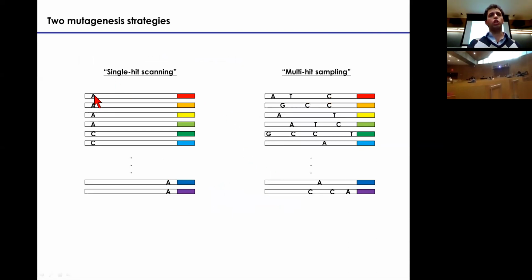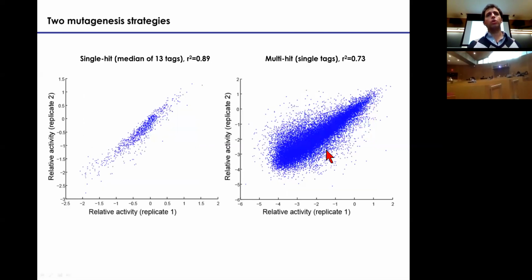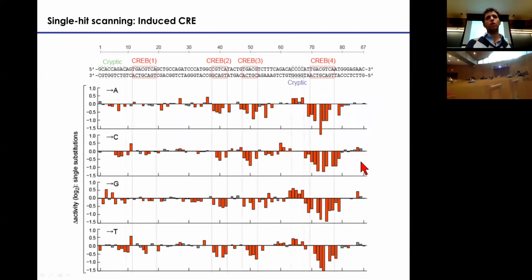You can change one nucleotide at a time for every base, or you could just randomly sample multiple combinations by synthesizing pairs of random mutations. So, the first thing was to show that this is reproducible with different mutagenesis strategies.